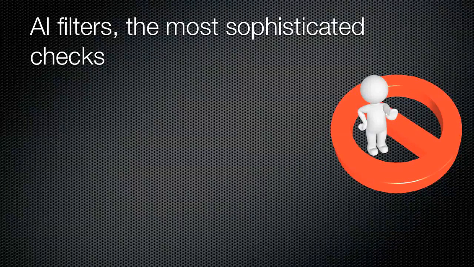So now, after this dumb spam has been rejected by the previous filters, we come to much fewer messages. 99% of the messages were rejected by previous filters, and now the AI filters come into play.